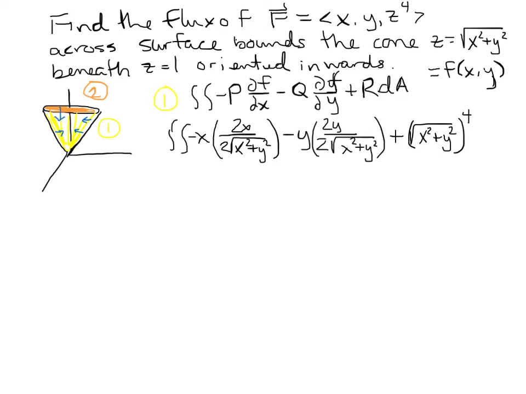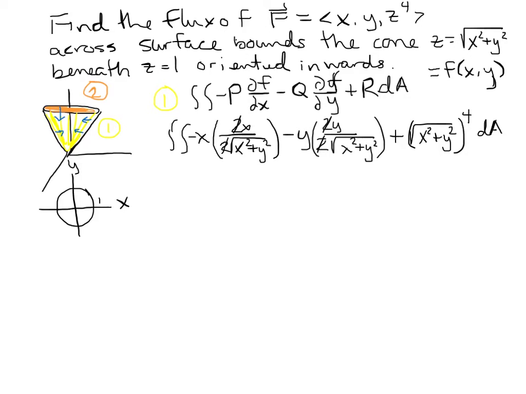All right, so now this is a dA. If we were to just look at the cone and project that cone onto the xy plane, we would see a circle. And because z is equal to 1, that circle has a radius of 1. And hopefully you are thinking now polar coordinates. Okay, so we want to transfer this all into polar coordinates. I'm going to simplify some things first here. 2's cancel, 2's cancel.